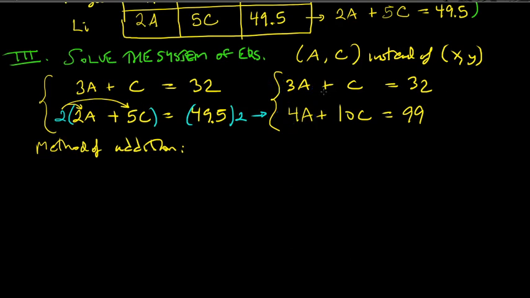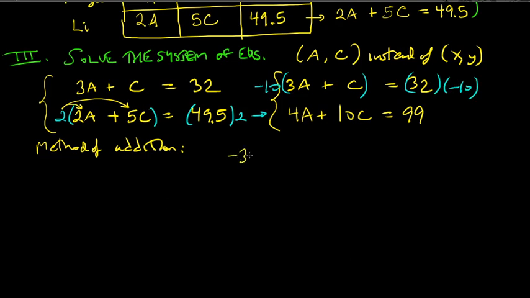On the other hand, since we have 10 times C for the second equation, I just need a -10C in the first equation. So just multiply both sides by -10. Make sense? And that becomes what?